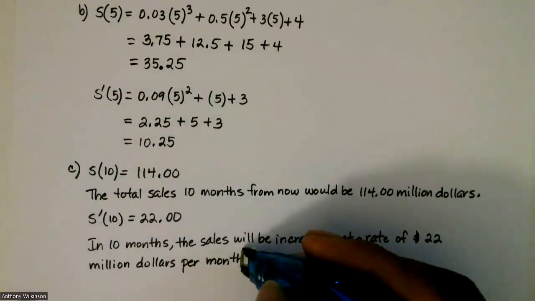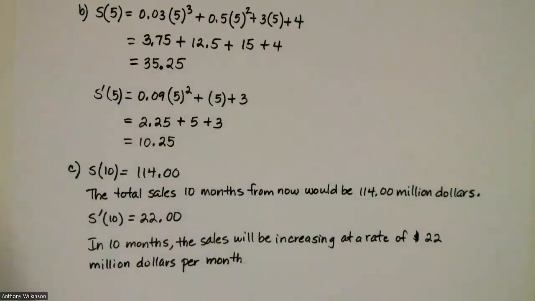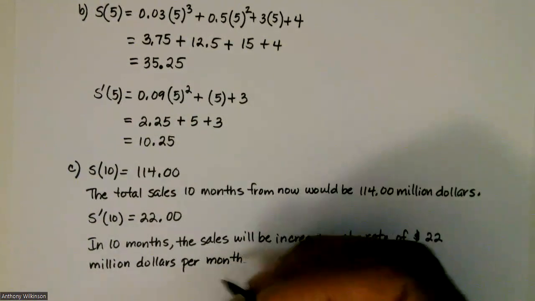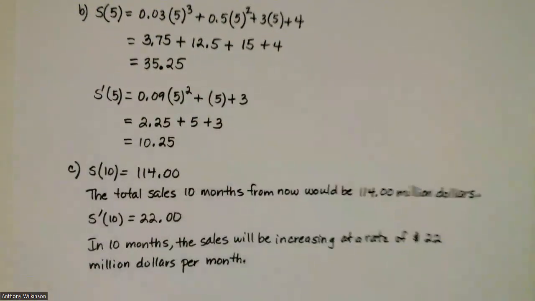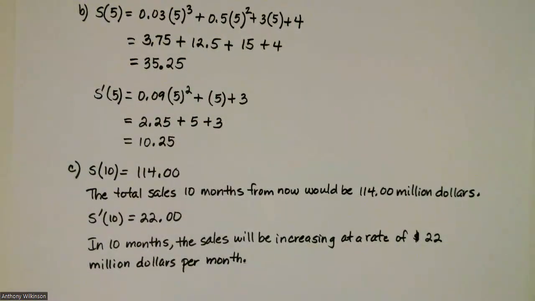Okay. So that's how we interpret S of 10 being 114 and S prime of 10 being 22.